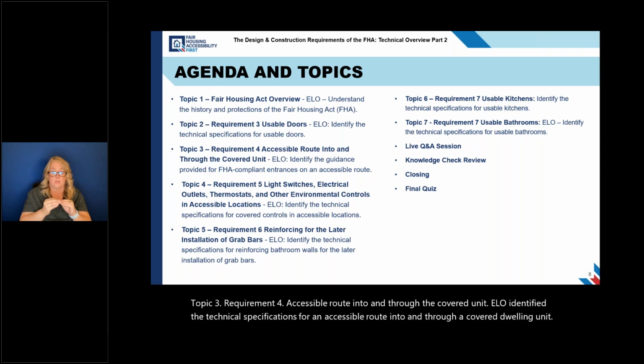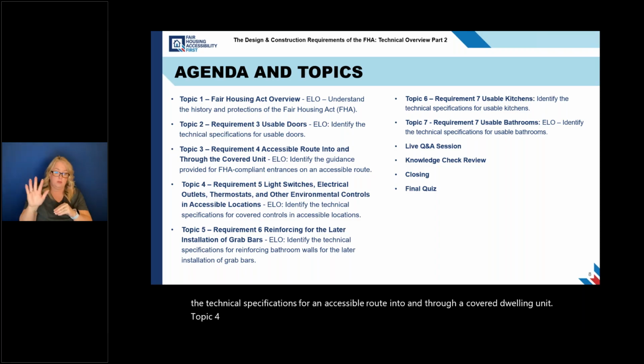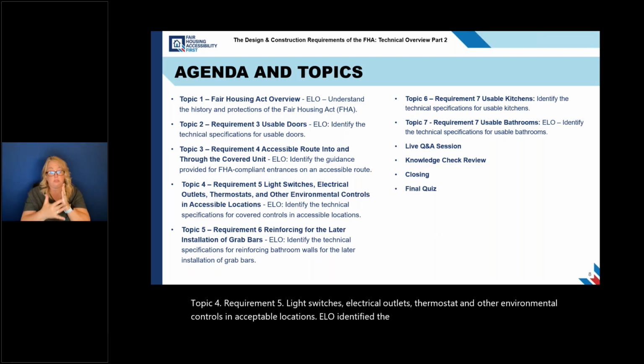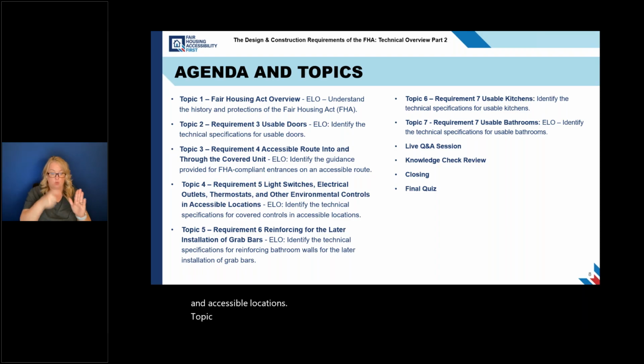Topic 4, Requirement 5, light switches, electrical outlets, thermostats, and other environmental controls in accessible locations. ELO, identify the technical specifications for covered controls in accessible locations. Topic 5, Requirement 6, reinforcing for the later installation of grab bars.